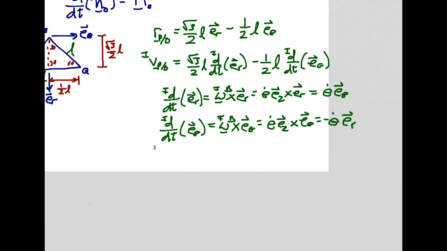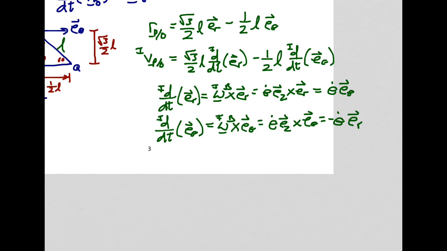So our velocity of P with respect to O, as observed in the inertial reference frame, is the square root of 3 over 2 L theta dot in the E_theta direction plus 1/2 L theta dot in the E_r direction.